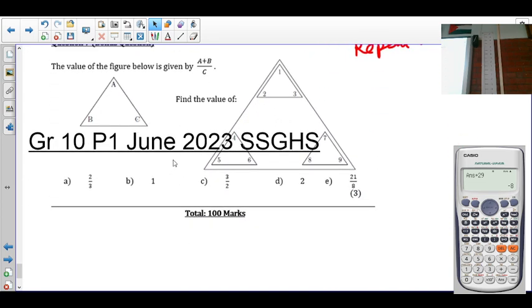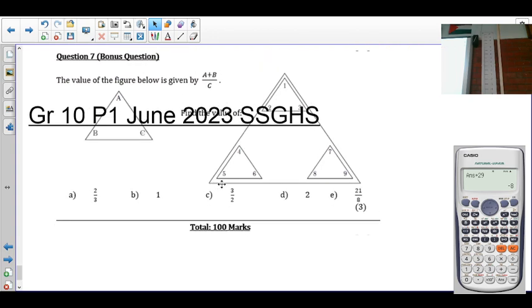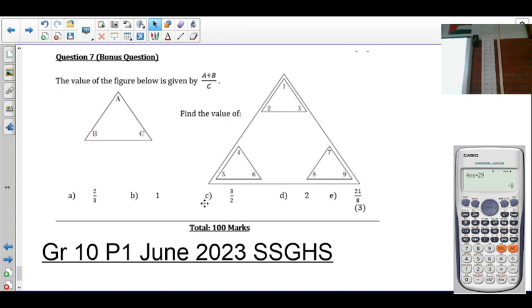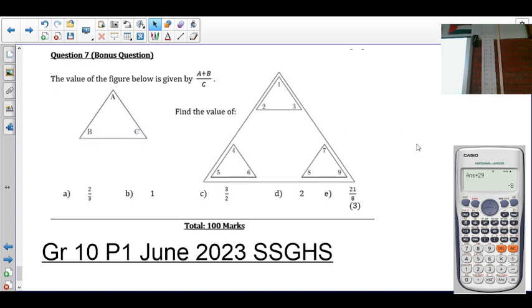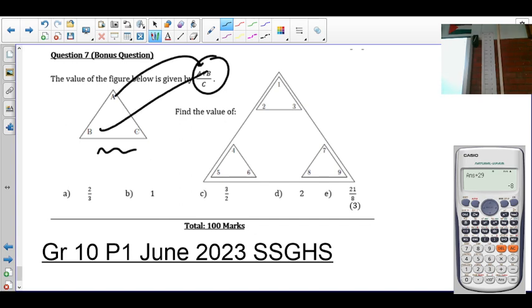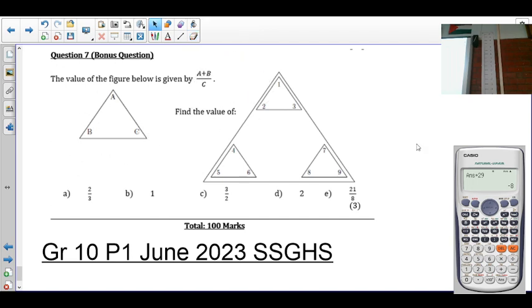The bonus question, let's see what's going on here. The value of the figure below is given by A plus B over C. If you're looking at the relationship here in the triangle, whatever is here will go there, whatever is there goes at the B, and whatever lies at C's value will go in the place of C. So we must find the value of this triangle. However, this triangle is made up of 3 other triangles.